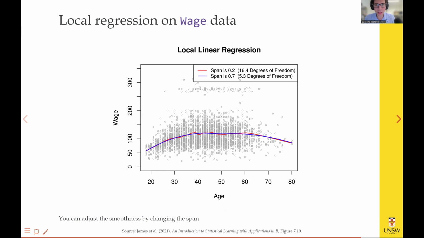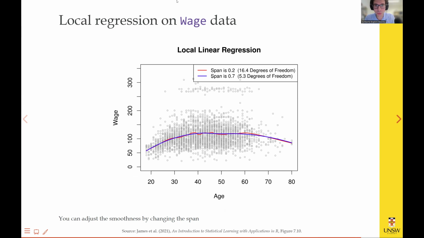Okay, and then lastly, same data set, but now instead of using smoothing splines or regression splines, we use local regression. And again, if your span s is smaller, it means that your fit is more local, which means you have more freedom for your fit to be flexible, I suppose.